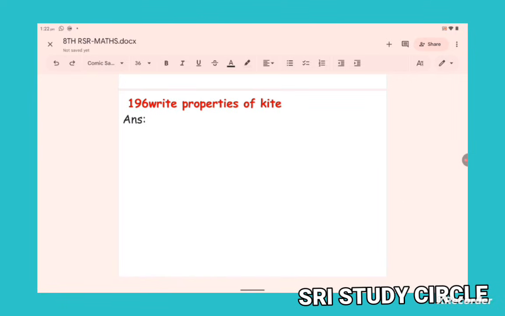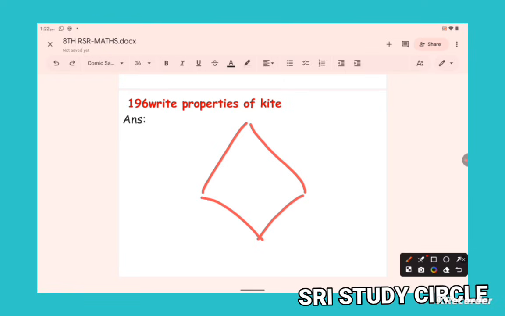Write properties of kite. ABCD is a kite. The lengths of two adjacent sides are equal, only two pairs.